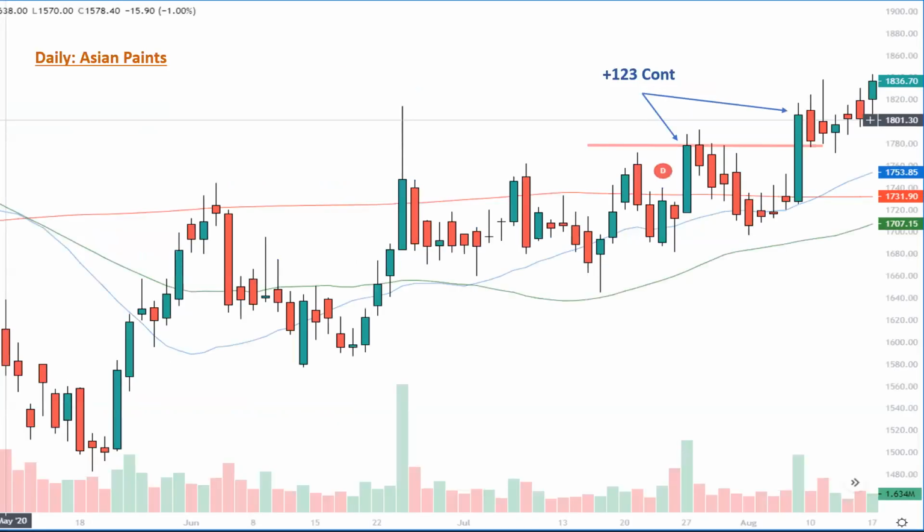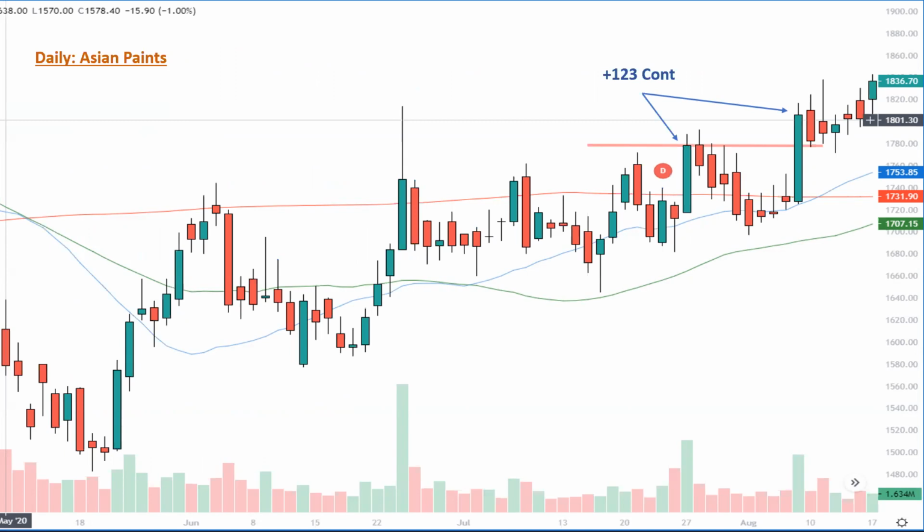So this is the daily chart of Asian Paints. If you can see, I have marked two arrows, and I have labeled both of them as 1 2 3 continuation.